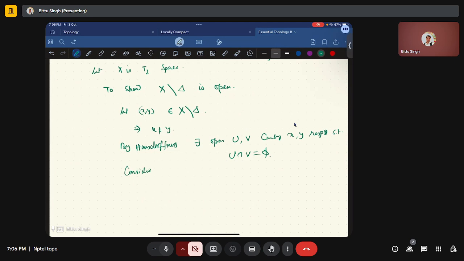Consider the neighborhood U cross V of the point (x, y).